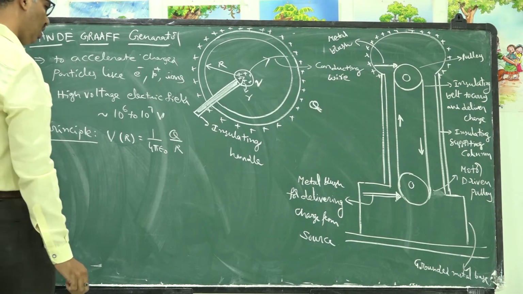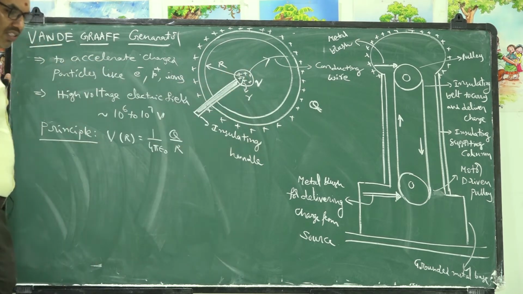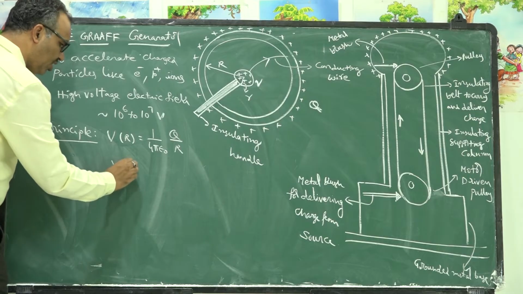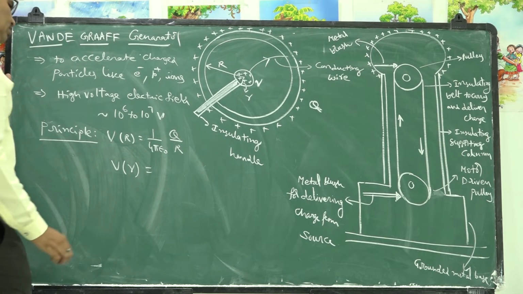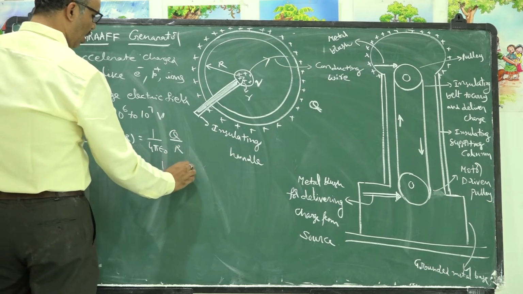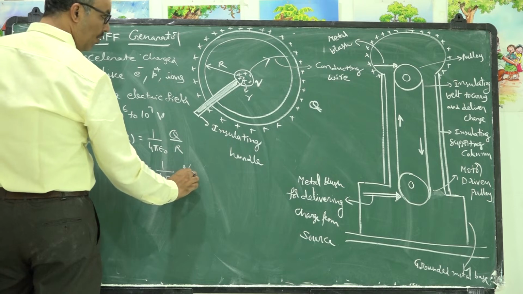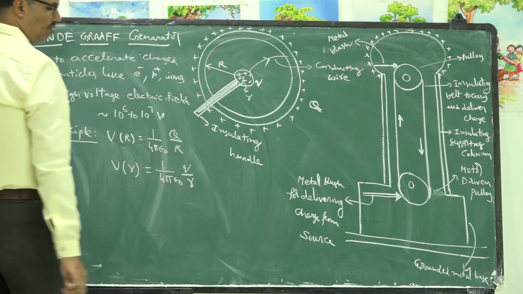What is the potential on this smaller sphere? Potential on the smaller sphere is equal to 1 by 4 pi epsilon naught small q by small r, because of its own charge.